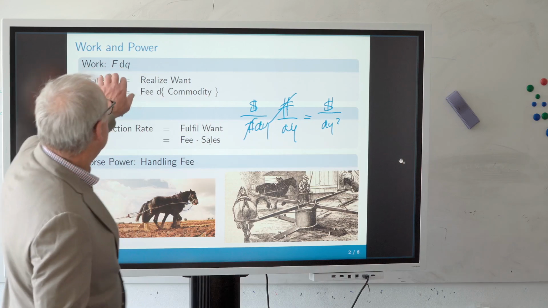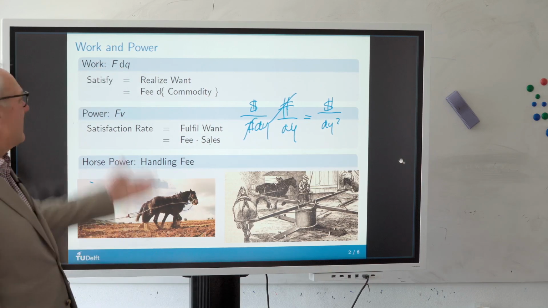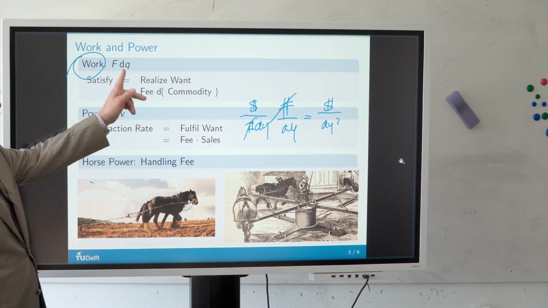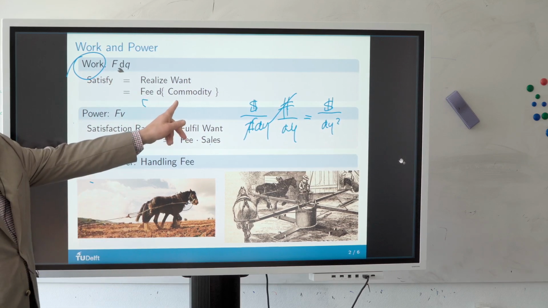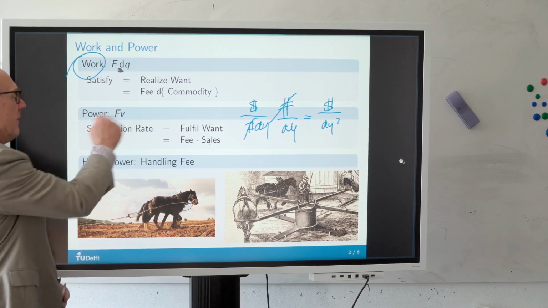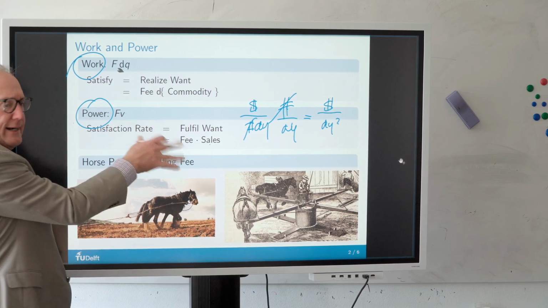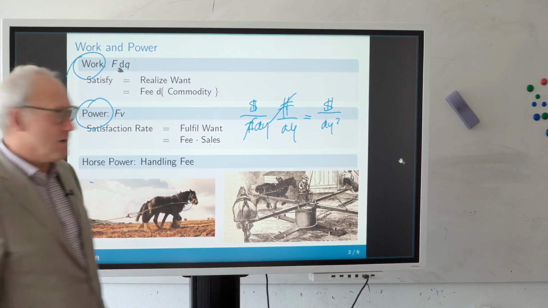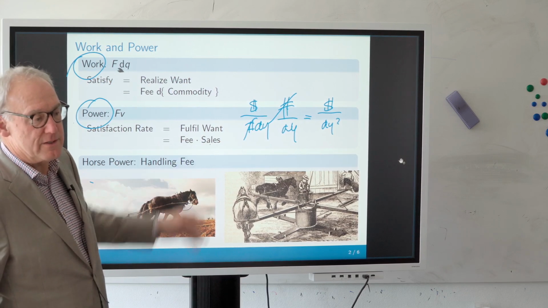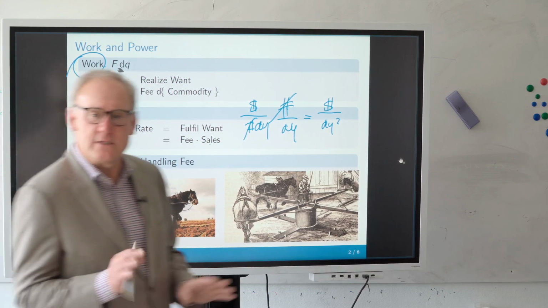So whereas the work, and we can think of this also as the economic work, right? It's just the handler does all this work, the handling fee times how much he has handled, right? Well, it's not a bad name, huh? And similarly, power is not a bad name in this, so much manpower you would need in order to fulfill these wants of your customers, right? Huh? Well, these things are not so bad.